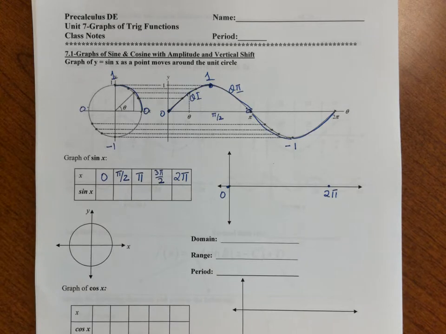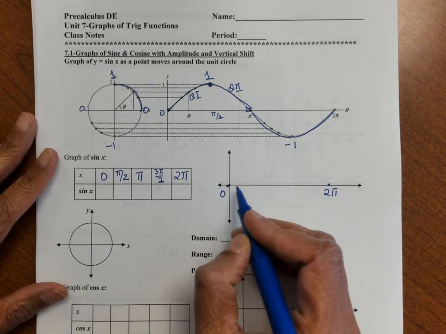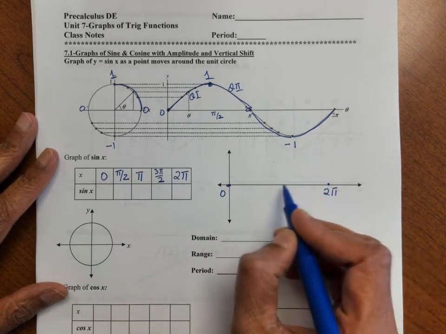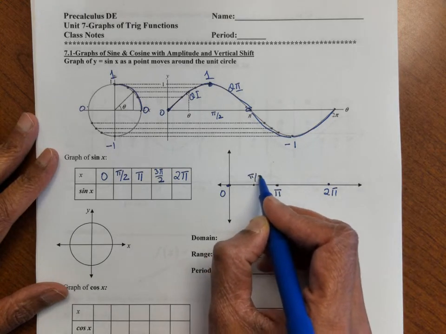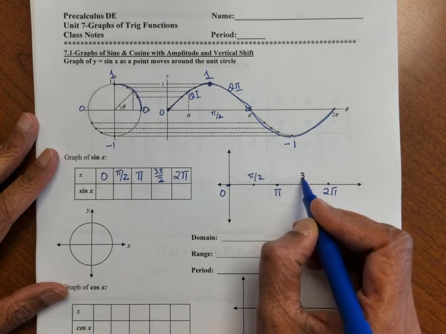So these are your 5 x values on the x-axis: first point and last point, the midpoint is pi, the quarter wave point is pi by 2, and the 3/4 point is 3 pi by 2.